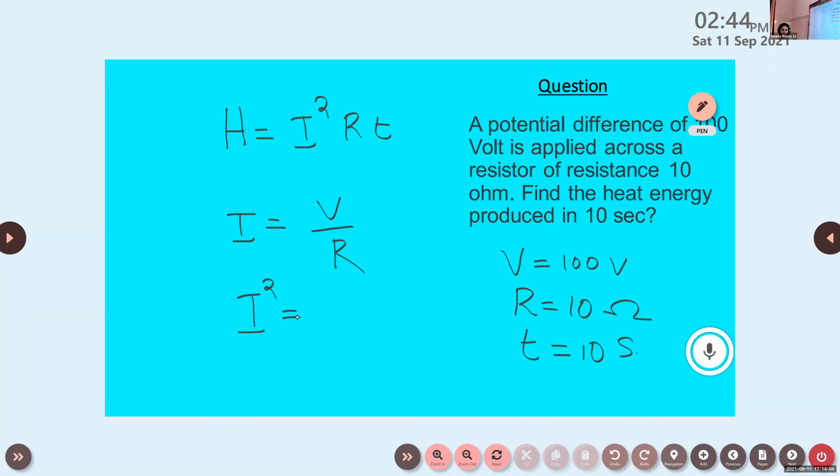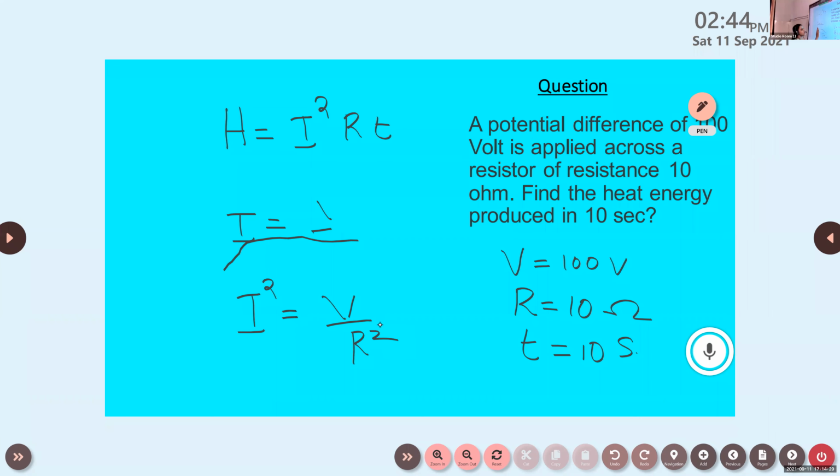If I is equal to V by R, what is I square? Just square those terms, then it becomes V square by R square.